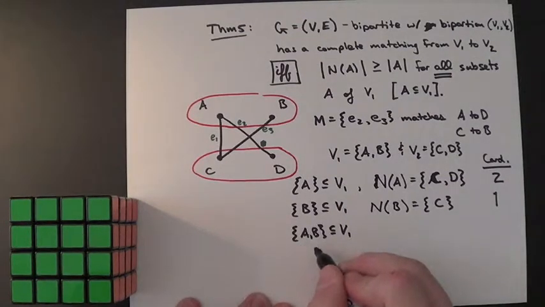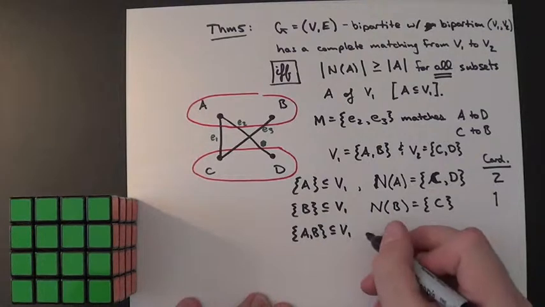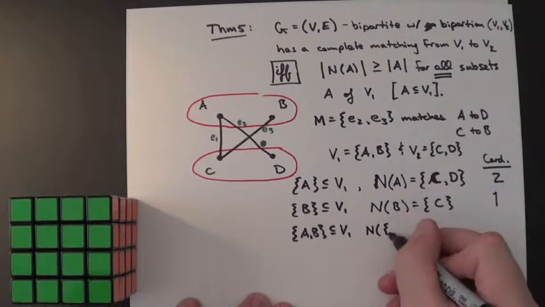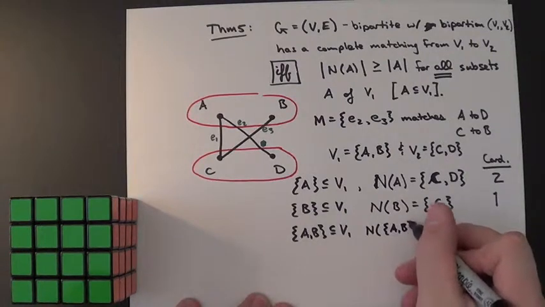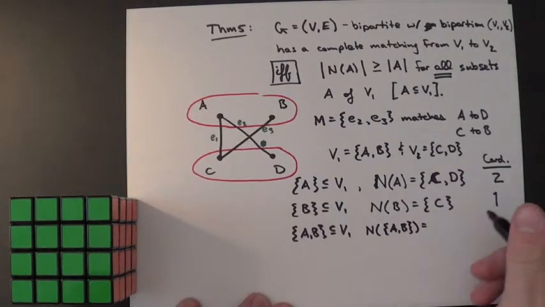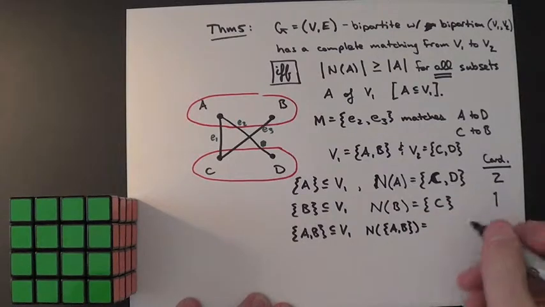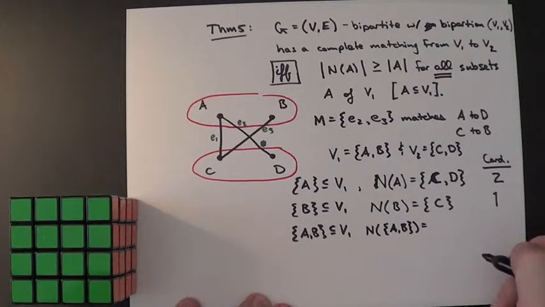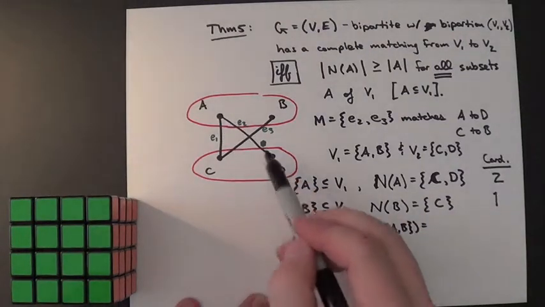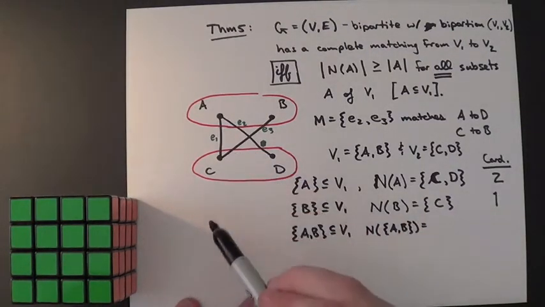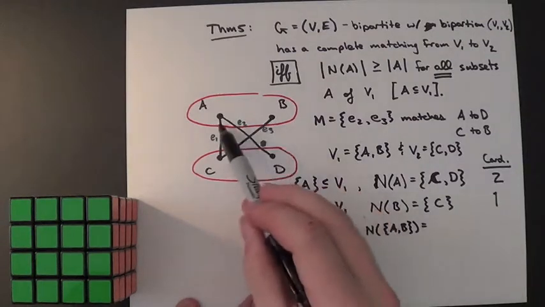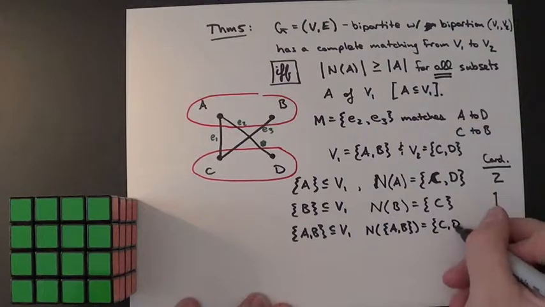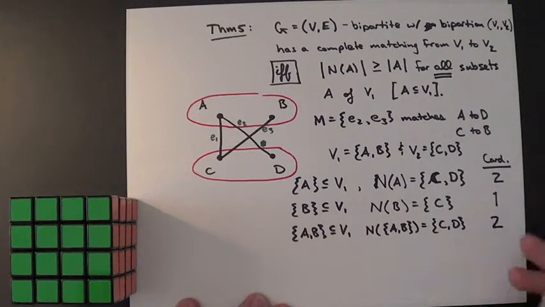The set containing A and B has neighbors of, a little lax on my notation there, but get the gist, D and C. Notice A and B are not neighbors of one another. So it has cardinality 2.